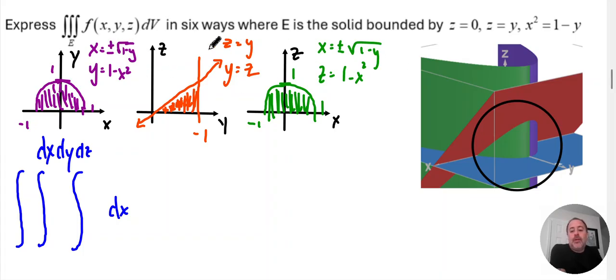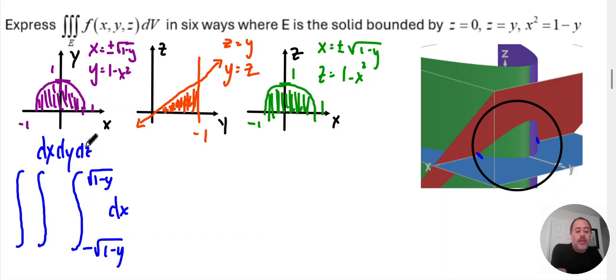You look at these equations right here, and this is what's going to help us set up this outer region, this inner region. The furthest x can be is from right here and right here, those curves of the square root of 1 minus y, and then the negative square root of 1 minus y. And so that's our first thing.